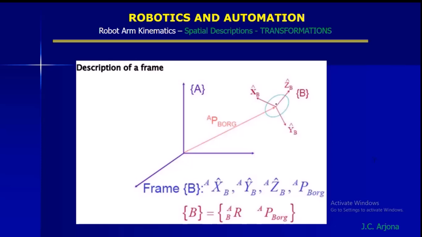It is the vector from the origin of B, frame B, relative to A. So this is the vector of that. So for the frame B, the orientations are XB to A, YB to A, ZB to A, and the position PBORG to A. So in frame B, you have the orientation and the position.